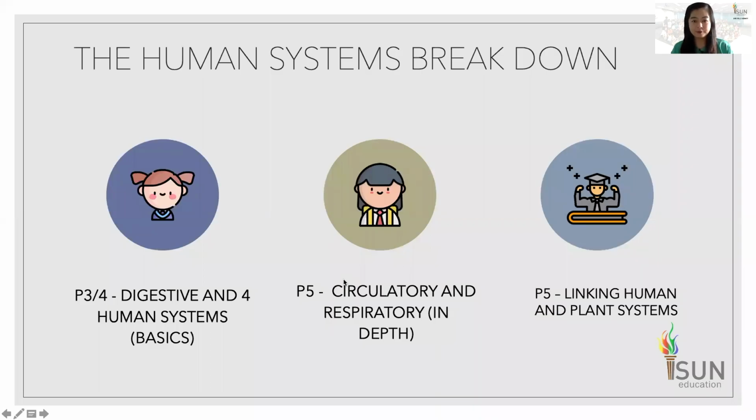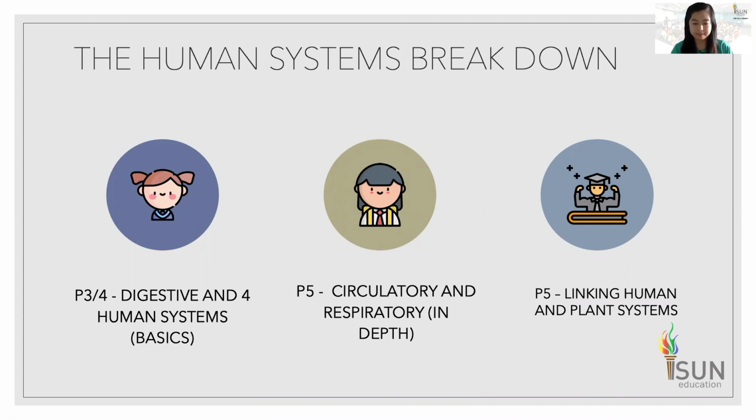Now, before we go on further, this is a breakdown of what you have learned thus far. For primary 3 and primary 4, you will have to learn the digestive system in depth, and the 4 human systems, just the basics of it. So all you need to do is just to recognize the different diagrams and the different parts in the different systems.